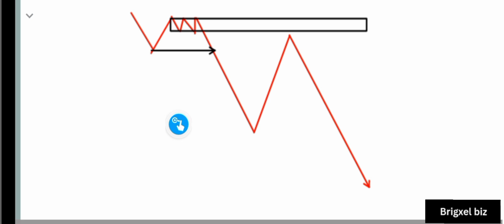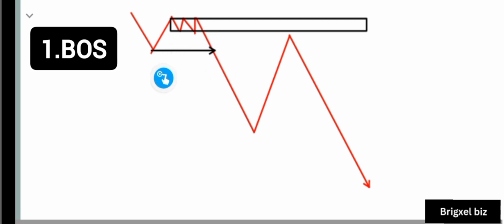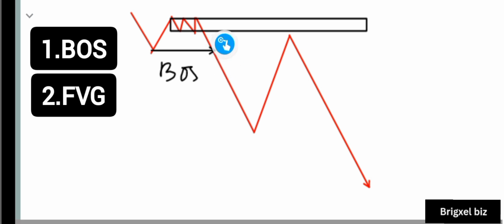Now let's start with a supply zone. The first thing that makes for a high probability supply zone would be a supply zone that leads to a breakout structure. I like to look out for this. It is not compulsory that you must always see it, but if it is present, it increases the probability of this playing out. The next thing is the presence of fair value gaps.